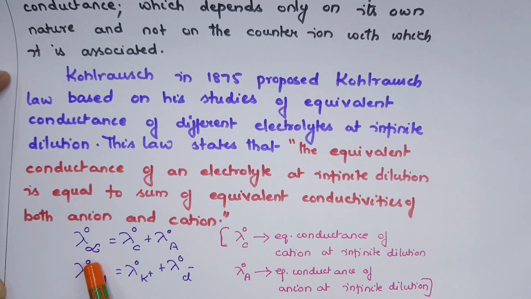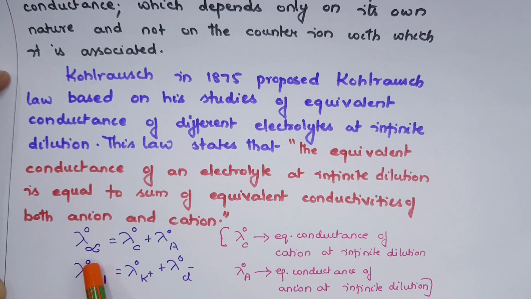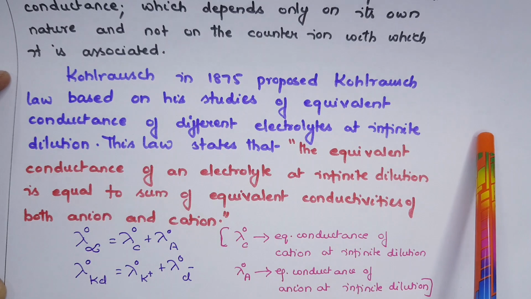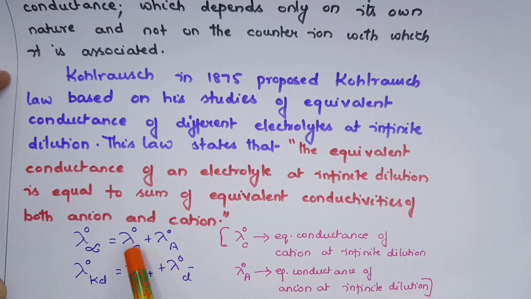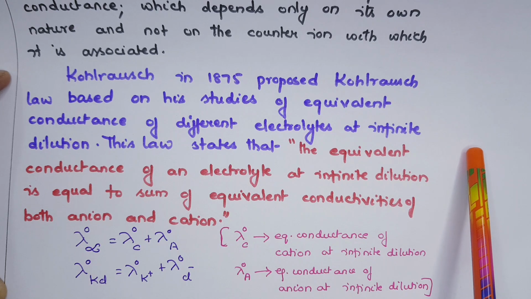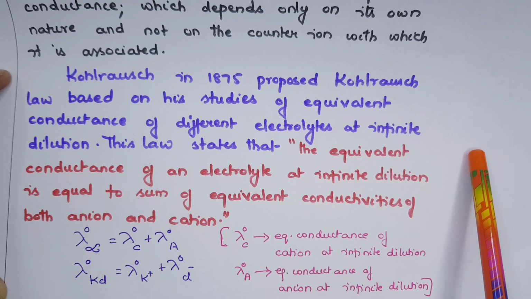We represent it like this: lambda infinity, this is at infinite dilution, is equal to lambda naught of C, that means equivalent conductance of cation at infinite dilution, and lambda naught of A is equivalent conductance of anion at infinite dilution.